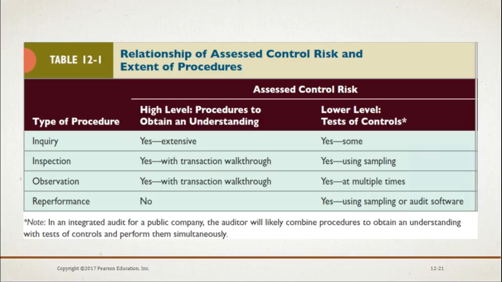An alternative procedure is to combine both columns and do them simultaneously. The same amount of evidence is accumulated in the second approach, but it is done more efficiently. The determination of the appropriate sample size for test of control is an important audit decision. You can find Table 12-1 on page 380 of your textbook.